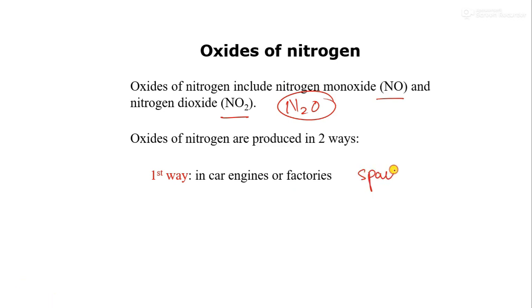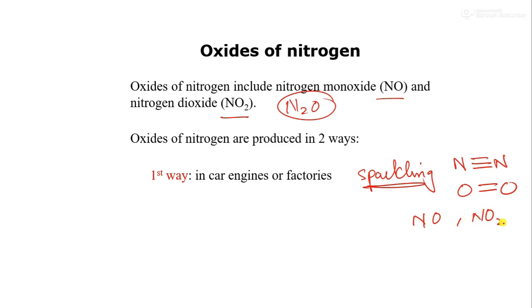Sparking in the car engines or vehicles causes a lot of temperature, which can easily break the bond between nitrogen molecules. Therefore, when that temperature breaks the bond between nitrogen and oxygen, the nascent nitrogen and oxygen combine together and form nitrogen monoxide and nitrogen dioxide. It all depends on the supply of oxygen.